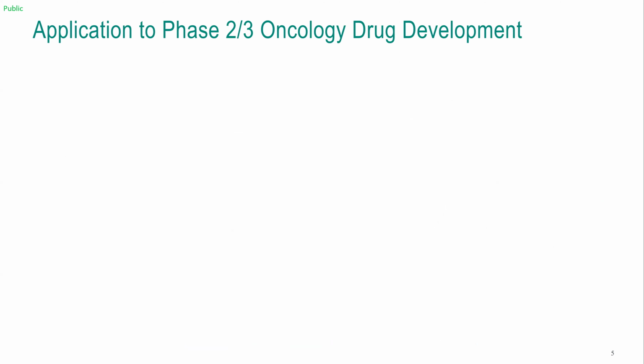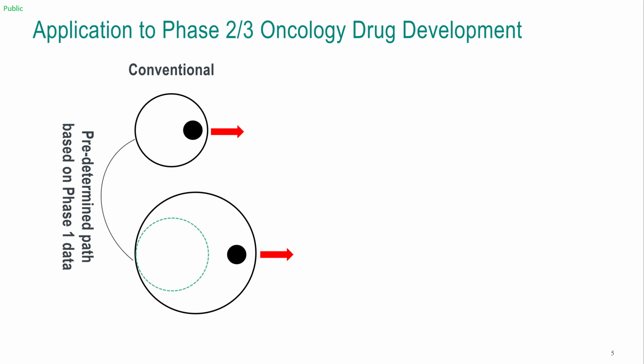In oncology, drug developers rely on very limited efficacy and safety data from small single-arm phase 1 trials to determine whether to proceed with a randomized controlled phase 2 or phase 3 study.